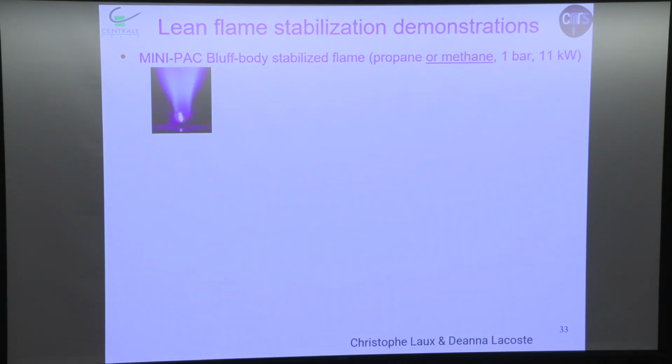Other examples are in flame stabilization, with a lot of work done by the group of Christophe Laux in France, and Lacoste's group. They do a lot of flame stabilization.